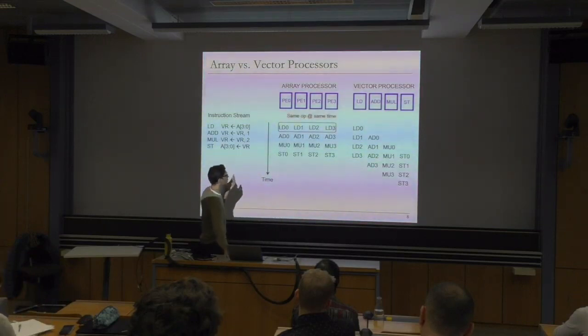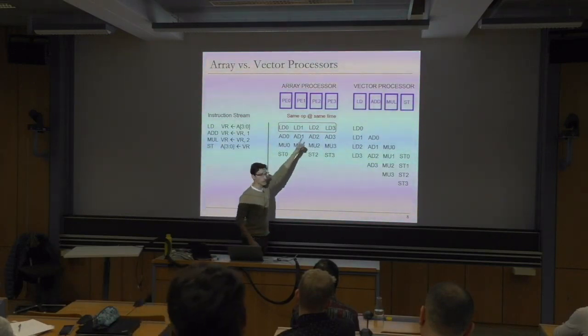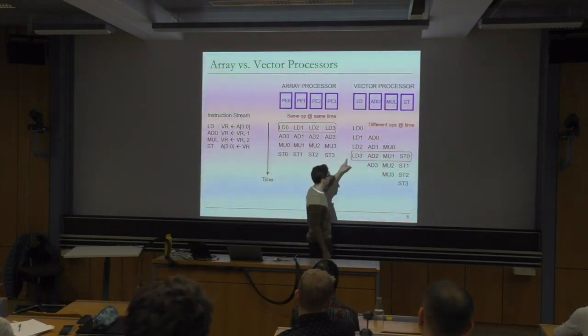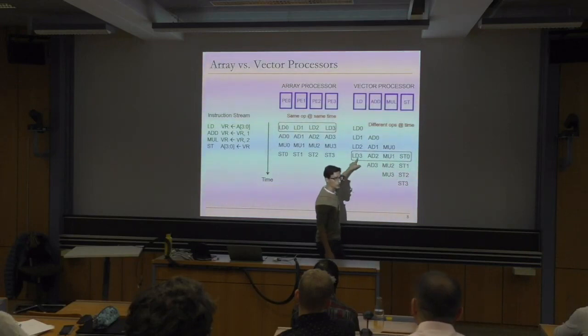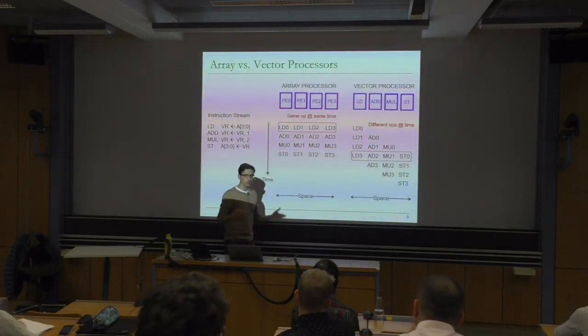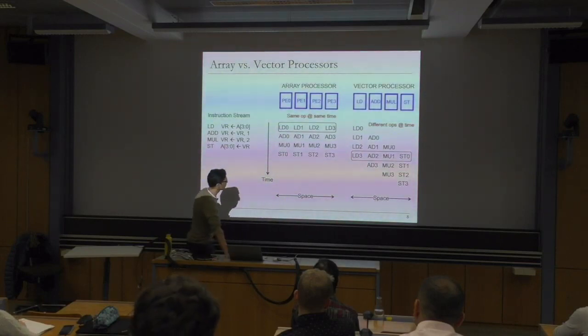Okay? So, observe the difference. In the case of the array processor, we have the same operation at the same time. In the case of the vector processor, we have different operations at the same time, in the same cycle. If we look at the space, recall the time-space duality that we were mentioning in the previous slide.